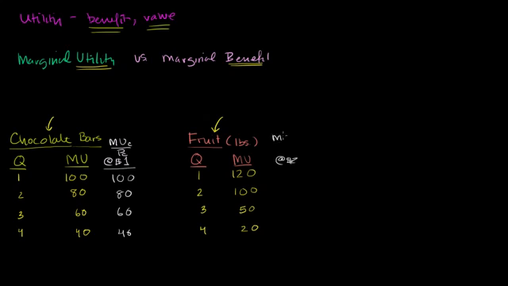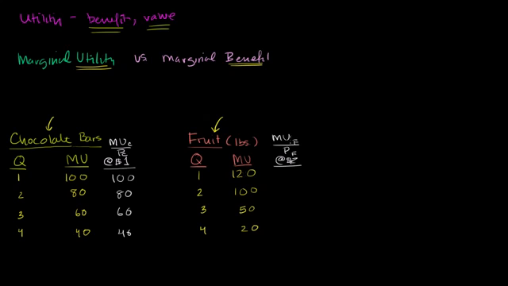What is the marginal utility per incremental fruit that I'm getting per dollar, or actually per price of the incremental fruit here? Well, that first pound of fruit, I'm getting 120 marginal utility points, we can call them, but I paid $2 for it.